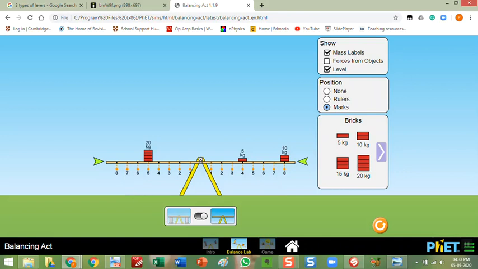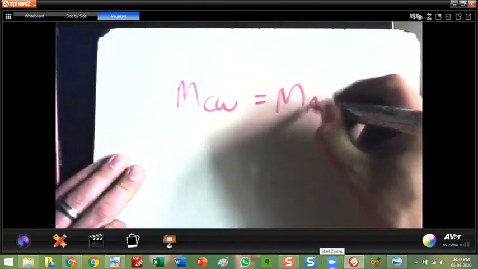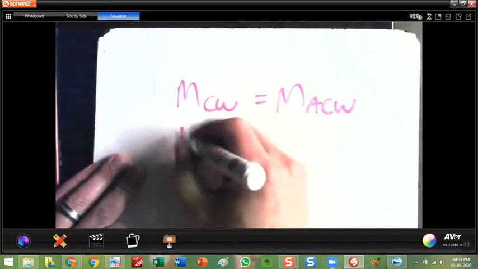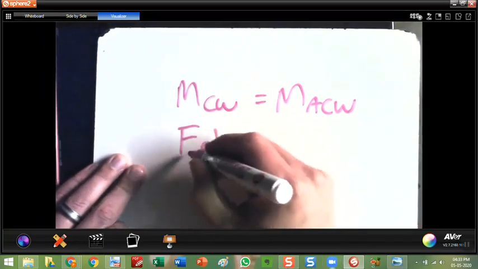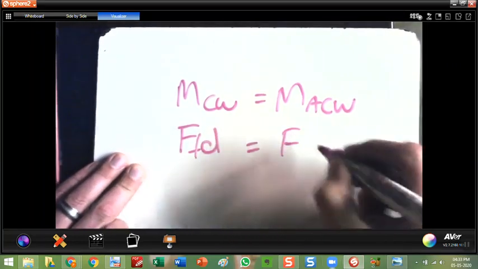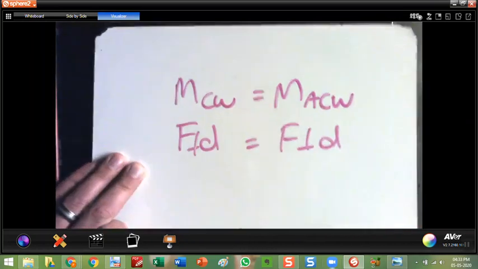So we use the law of moments. What's nice about the law of moments is that even if we're working with centimeters, since we have the same quantity on both sides, the moment of the clockwise is equal to the moment of the anti-clockwise. So the force times the perpendicular distance is equal to the force times the perpendicular distance.